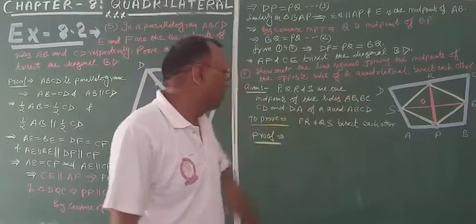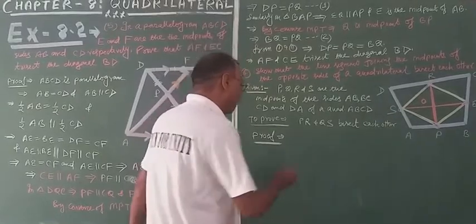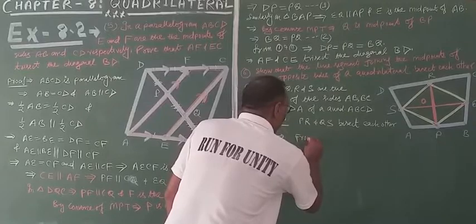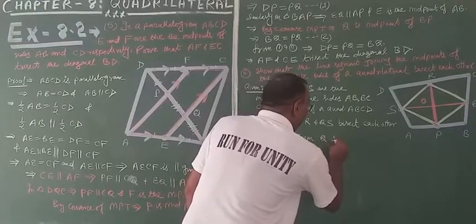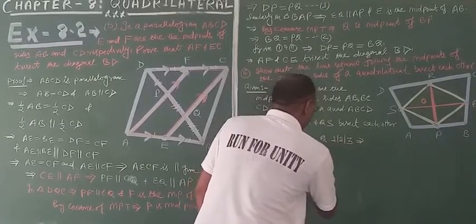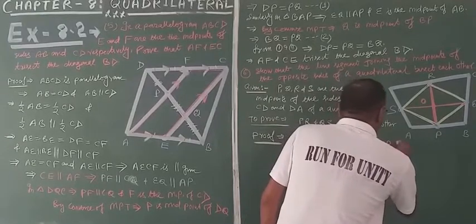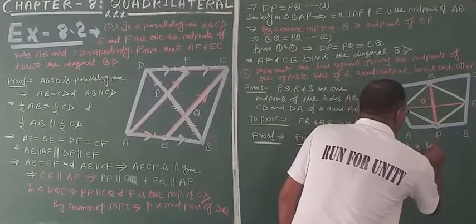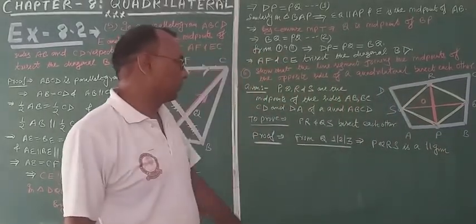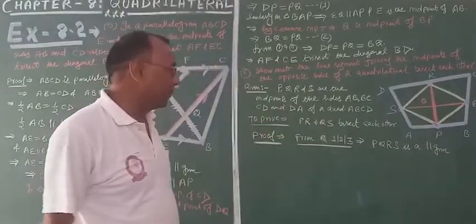In all these 3 questions, we have proved that PQRS is a parallelogram. You can take 1 or 2 or 3 and work it out in the same manner. You will say PQRS is a parallelogram.